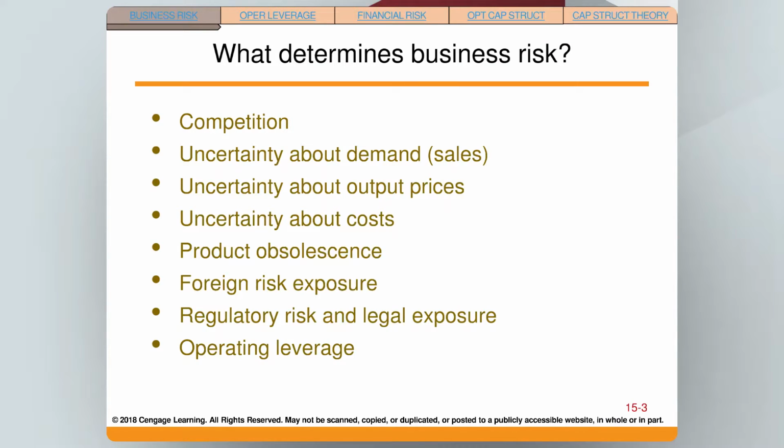So there are a lot of business risks that will determine what determines the business risk: product obsolescence, the foreign risk exposure, regulatory risk and legal exposure, and also later we will discuss the operating leverage. So part din siya ng ating operating leverage.